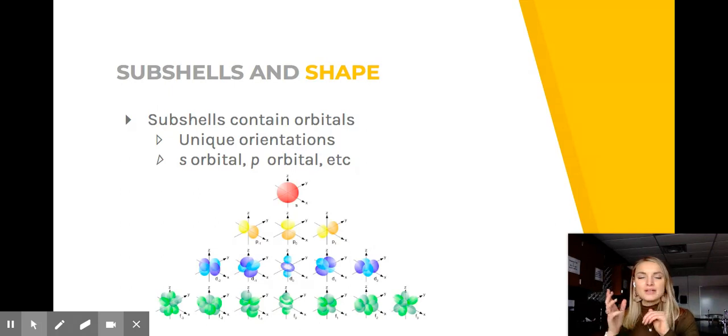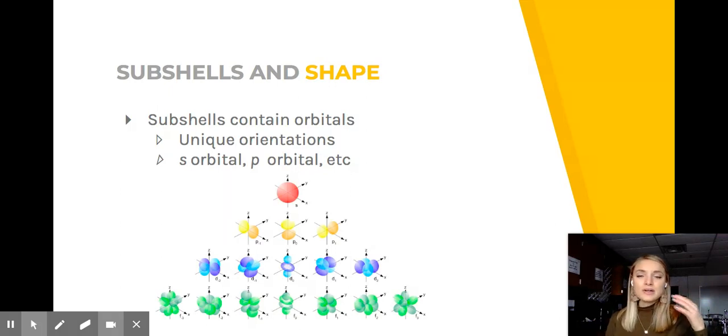Sometimes the line between subshell and orbital seems a little bit muddy because we often use s orbital or p orbital to talk about the different shapes of subshells. It's not too complicated, I promise.